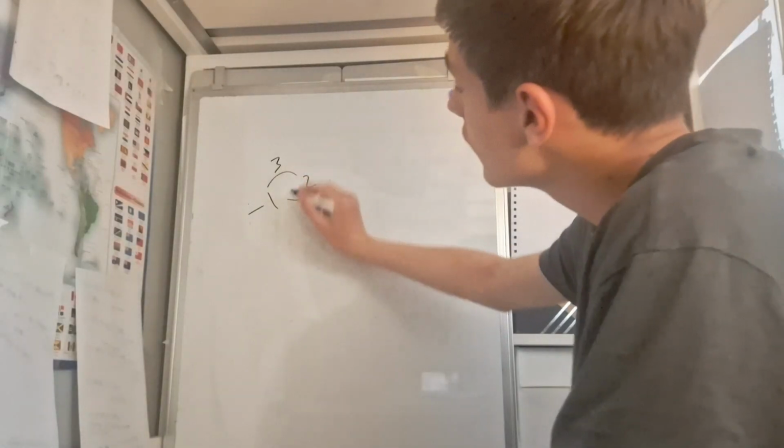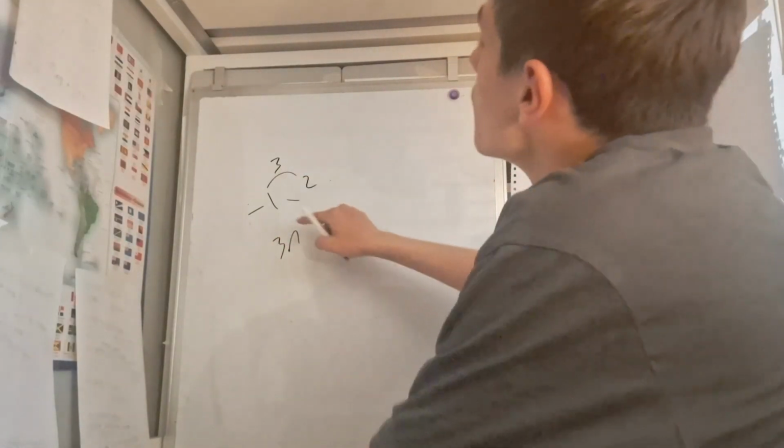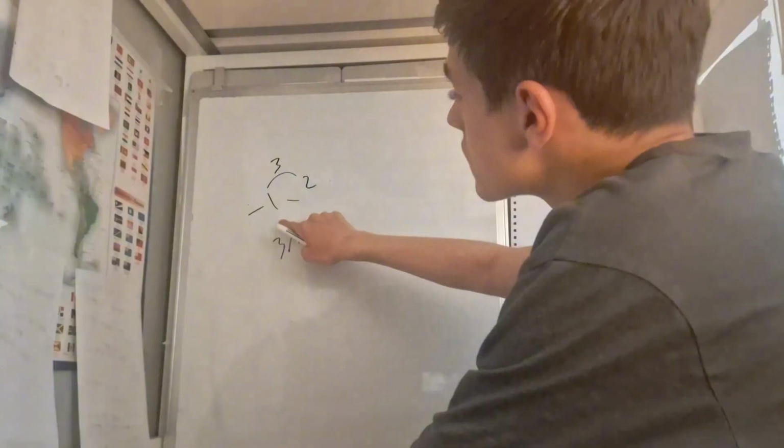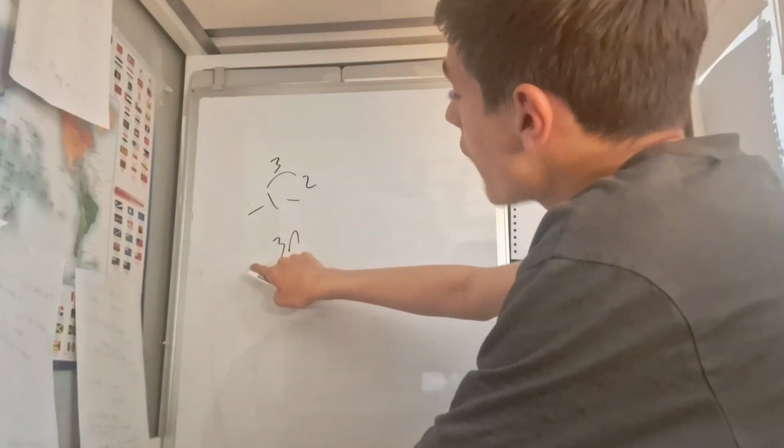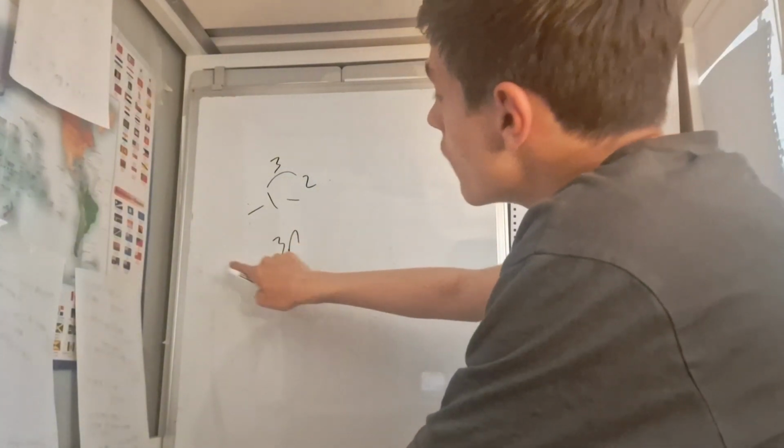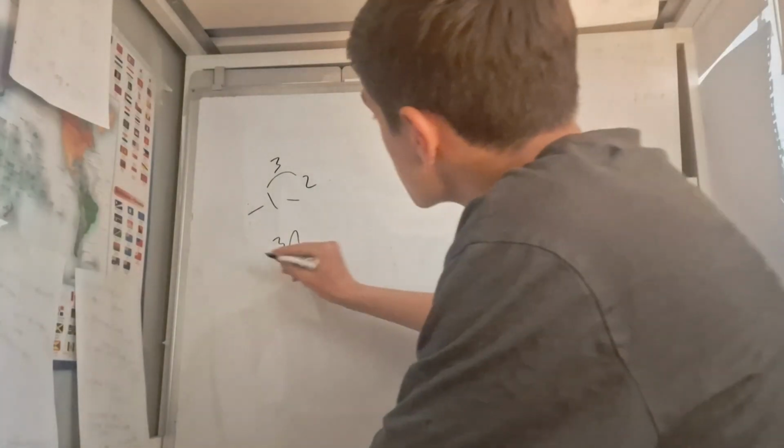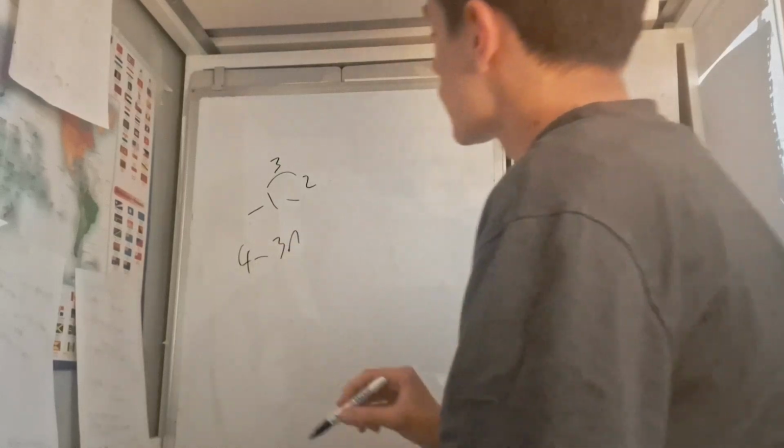Since you have 3, it's 3n, but since it starts as a negative, the initial value when you start at 1 will be bigger than 3, which means it'll be equal to 4 minus 3n.